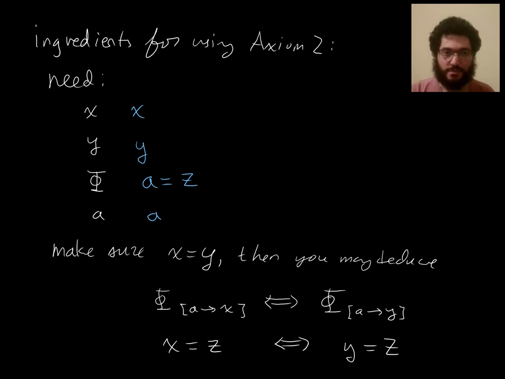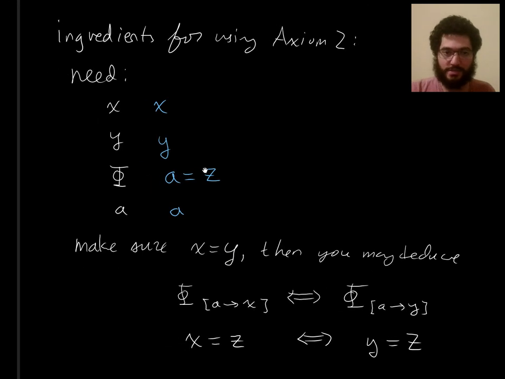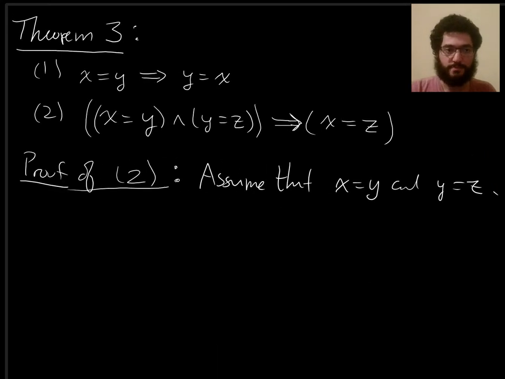So all of this scratch work that I have done to carefully apply axiom 2, I'm going to go back to the proof and summarize it like this. I'm basically just going to say, by applying axiom 2 to the proposition a equals z, we can conclude that x equals z if and only if y equals z. So let me write that in.